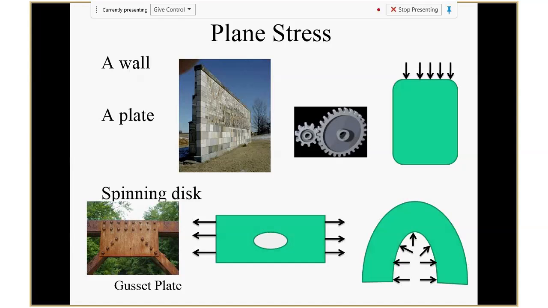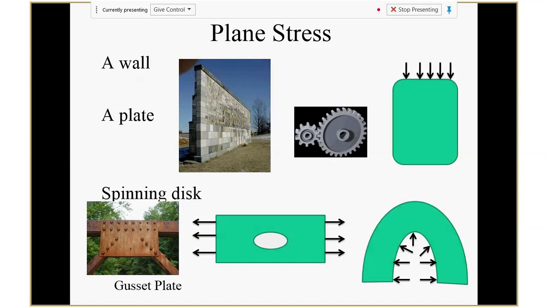Of course, if you have the same structure and someone is pushing this way, bending and deforming it, then that's not plane stress, because there is stress in the z direction. Here are a few more examples. Like that gear, all the stress interaction is within this plane, so sometimes you can treat it as plane stress, with nothing in the z direction.